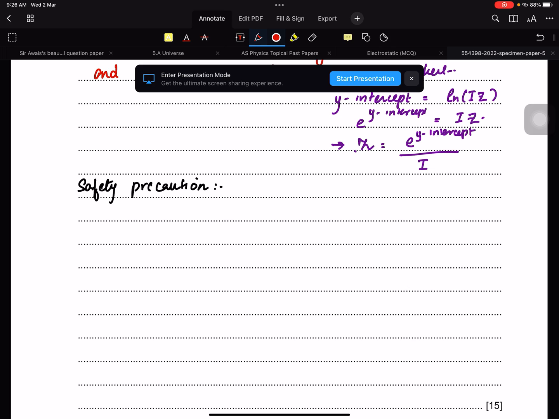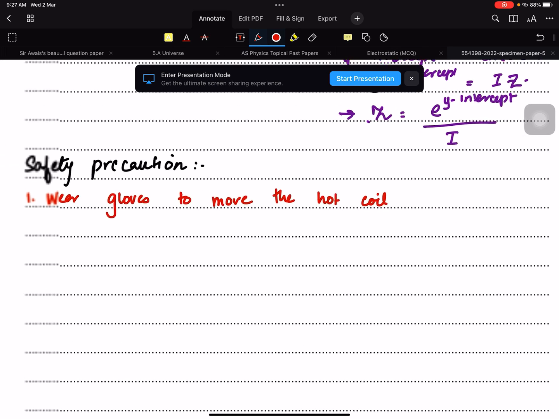Right now, it is a coil, which means that when the current goes through a coil, it causes heating. So if I were you, I would wear gloves to move the hot coil, because we need to change X, right? So it's best to wear gloves. I would write this. Once you write this, this will hold 1 mark for you.